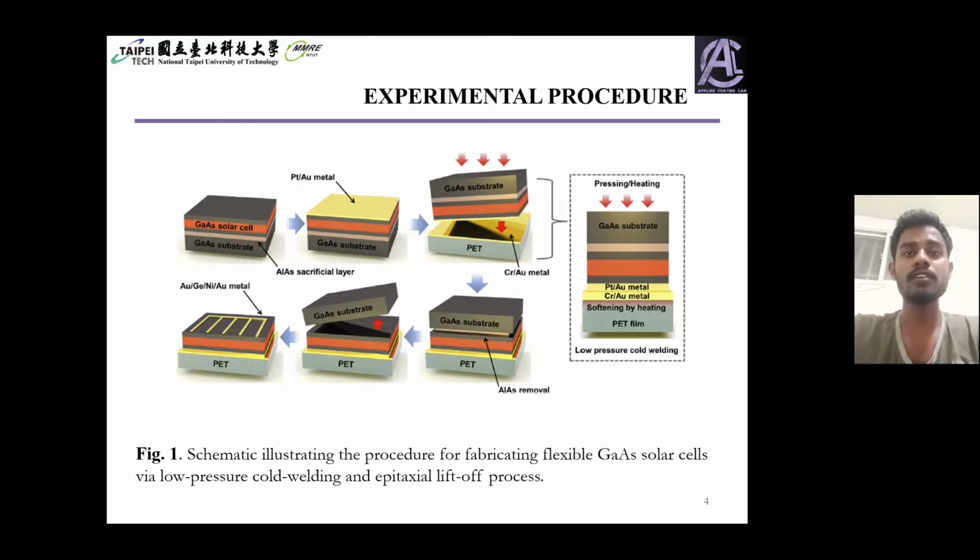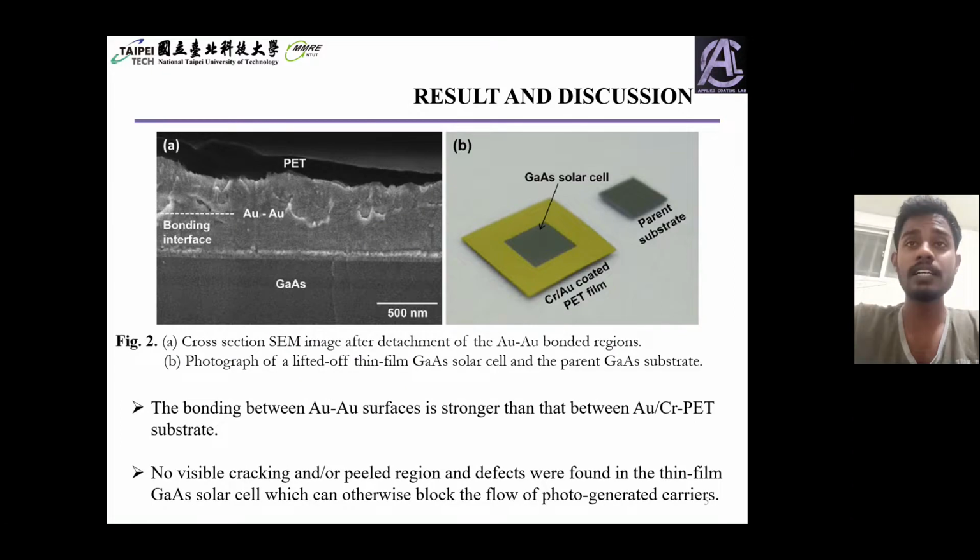In figure 2A, it shows the SEM image of gold bonding induced by low pressure cold welding, and it is coated on the gallium arsenide substrate after the detachment. The gold bonding between the chromium or gold metallic layer on the PET film and the platinum or gold metallic layer on the gallium arsenide substrate remained very tight.